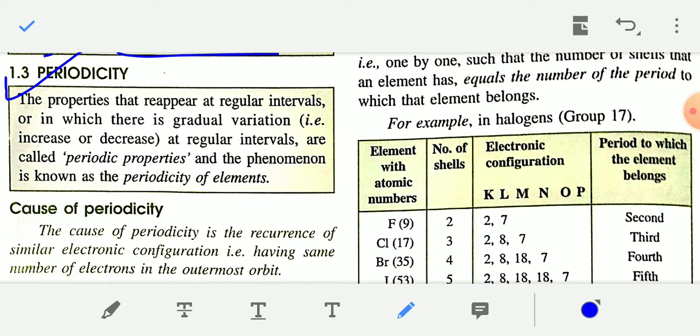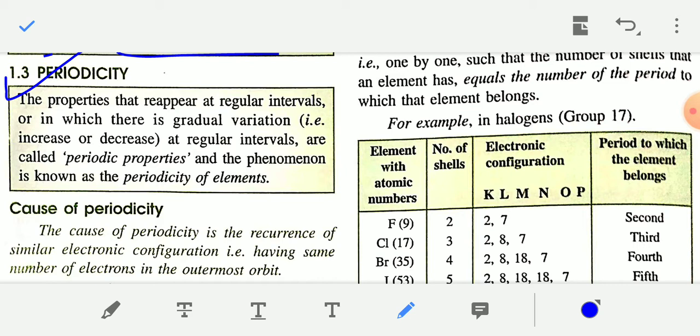You have to remember the description of different types of groups, that is group 1 alkali metals, group 2 alkaline earth metals, group 17 halogens, group 18 noble gases, and so on. And what are typical elements, representative elements, transition elements, and their group numbers also, and which one is the shortest period and which is the longest period.